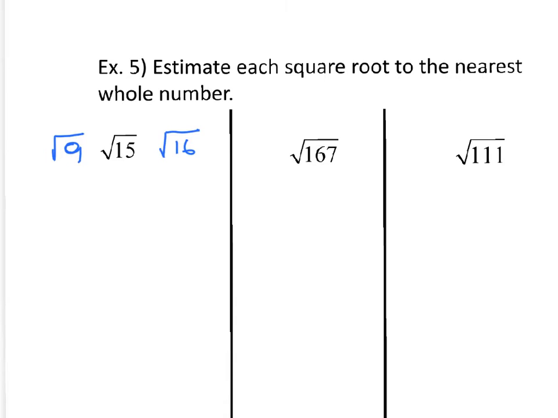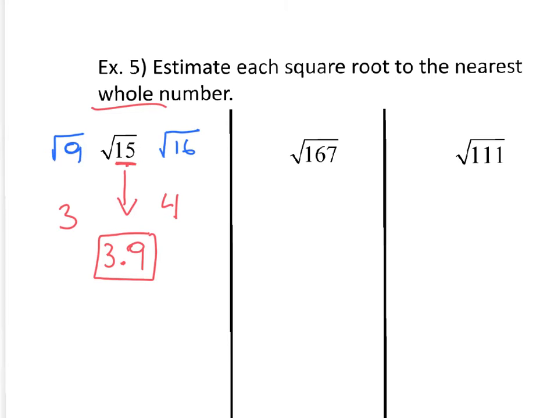The square root of 9 we know is 3, and the square root of 16 is 4. 15 is closer to 16, so we can say the square root of 15 is about 3.9.